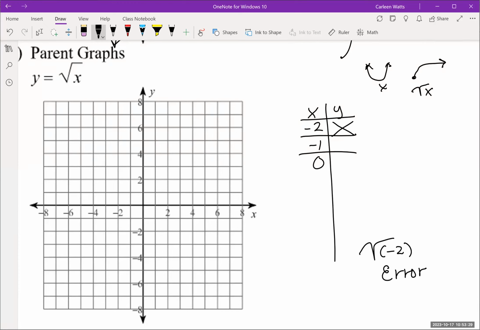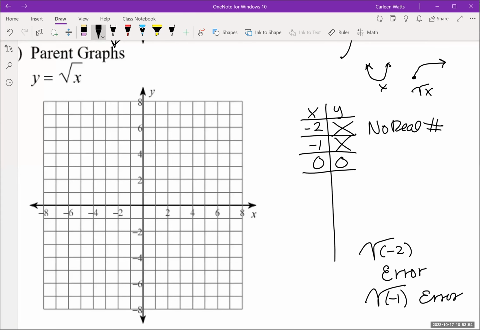So no real number. Actually it is imaginary. Negative 1, square root of negative 1. Error. No real number.